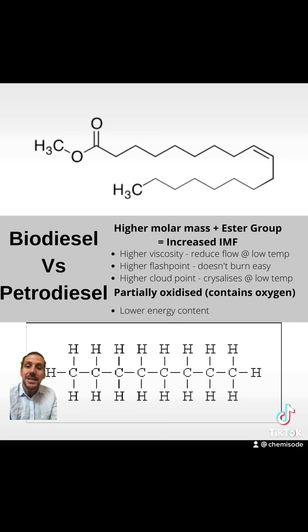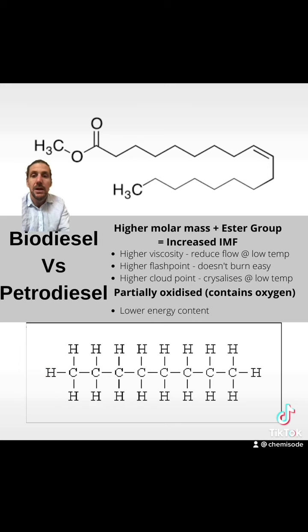So what does this mean in terms of properties? Well, the first thing to think about is the intermolecular forces within or between these molecules. Biodiesel is going to have a much higher molar mass than petrodiesel. It's also got an ester functional group. The higher molar mass leads to more dispersion forces, which means the fuel is going to be thicker.